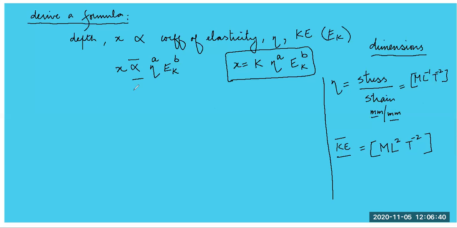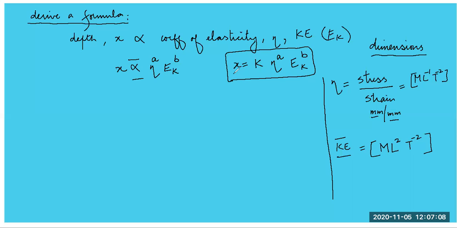So what we will do, we will apply the principle of dimensional homogeneity. For an equation to be correct, the dimensions of MLT on the left hand side and the dimensions of MLT on the right hand side should be the same.